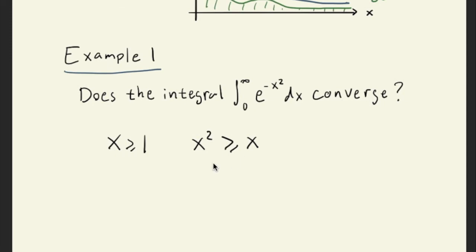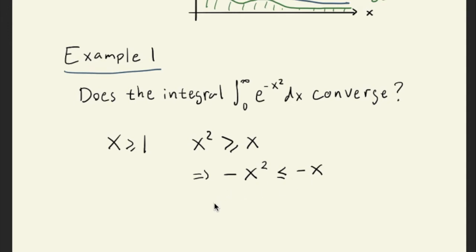If this is the case, then we also know that if you take negative signs, then negative x squared will be smaller than negative x, right? Because if this number is bigger than that, now if you take negative signs, then this number is smaller than that, right? It's bigger in absolute value, but it's a smaller number because it's bigger and more negative, right?